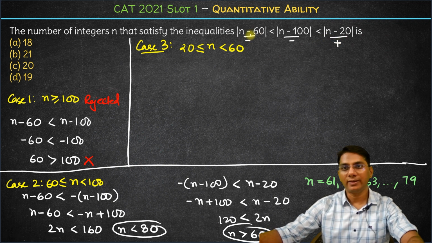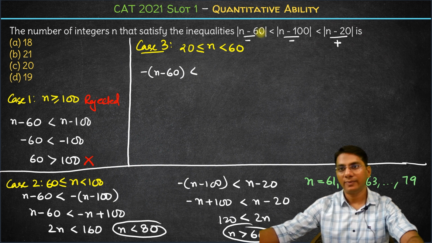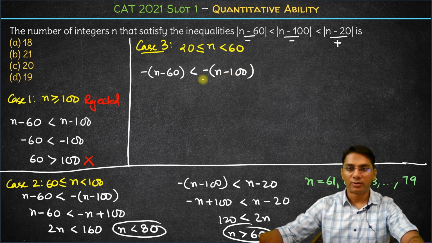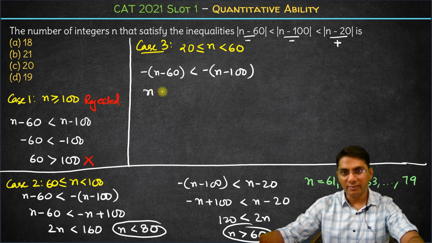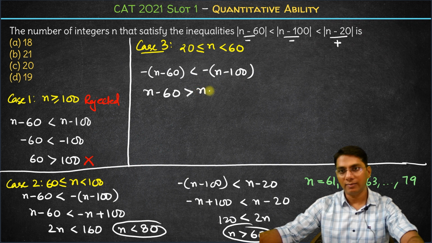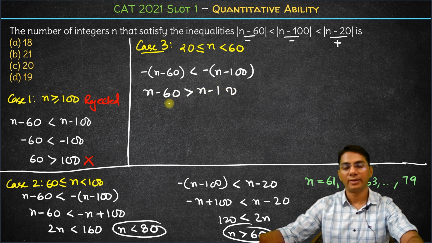So if this is negative, mod of n minus 60 will be minus (n minus 60), which is less than, since this is negative, we'll put a minus sign, minus (n minus 100), right? So multiplying with the negative sign, we have n minus 60 is greater than n minus 100.